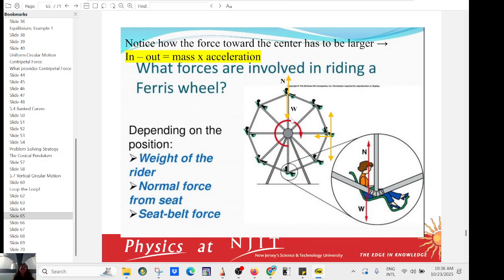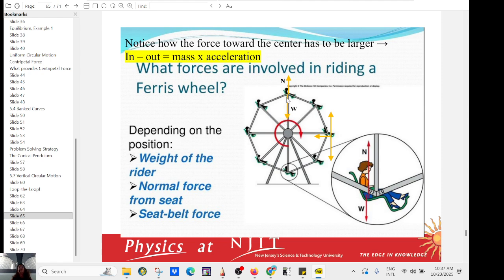So he's fine. So anyway, for the test, for example, here you have a Ferris wheel, and you see that at the top, first of all, the normal force always goes from the surface to the body you are interested in. So if the body is the person, the normal force goes from the seat to the person, and then you have the weight.